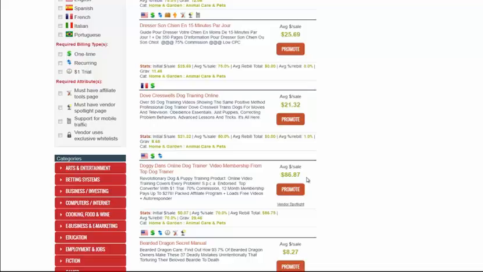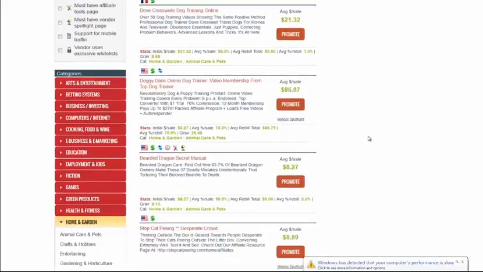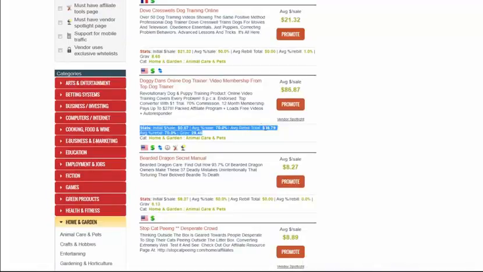I'll teach you a little bit about that in a second, because there's no point making $86 a sale if 50% of the people that purchase the product refund it, as opposed to 10% for this product, for example. I don't know the figures, but you understand what I mean. Does it have a rebill component to it? How does it work? What's the commission percentage? And last but not least is looking at the product yourself and deciding which one you want to promote.